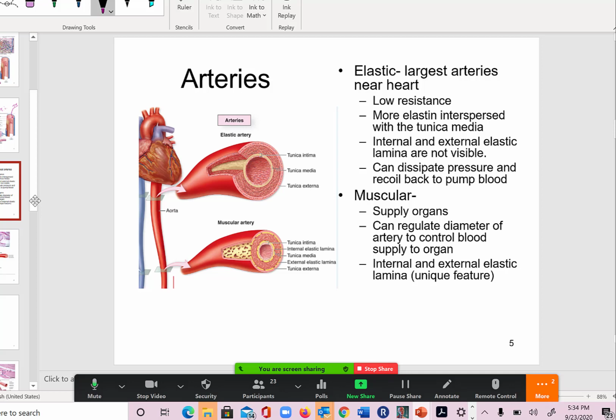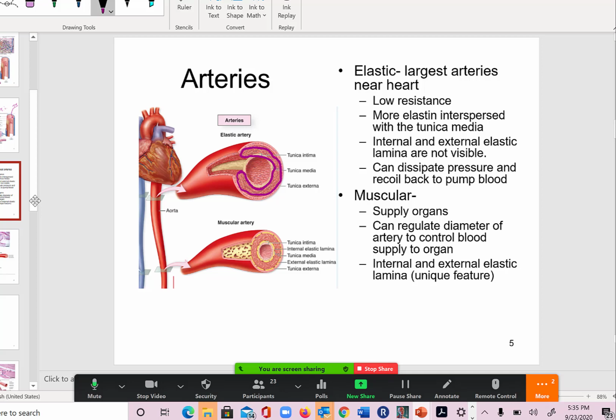Their elastic fibers are actually found within the tunica media, the middle layer. Those elastic fibers are intertwined with the smooth muscle fibers. We still have a tunica externa, which is the collagen and some elastin, and we have the tunica intima.